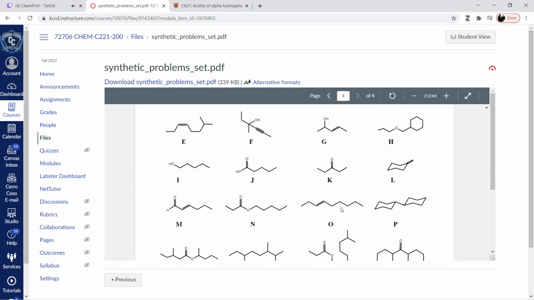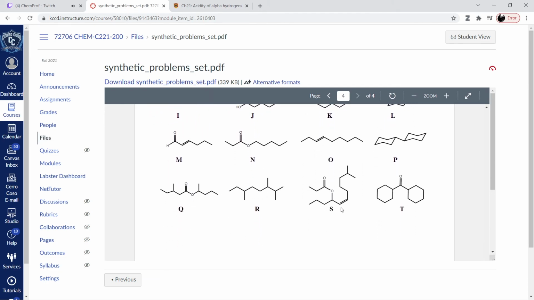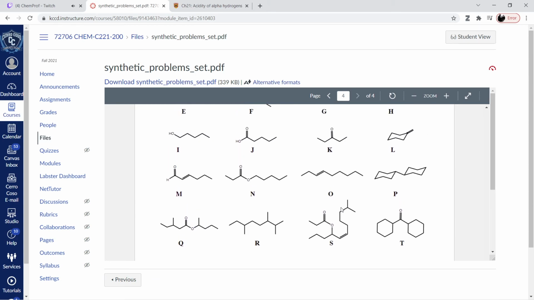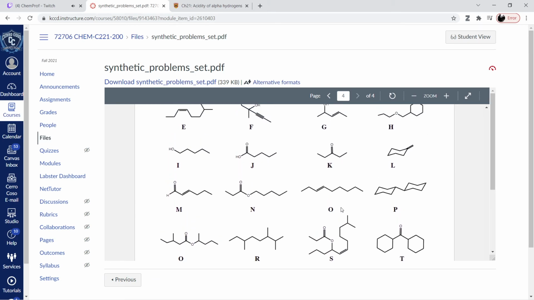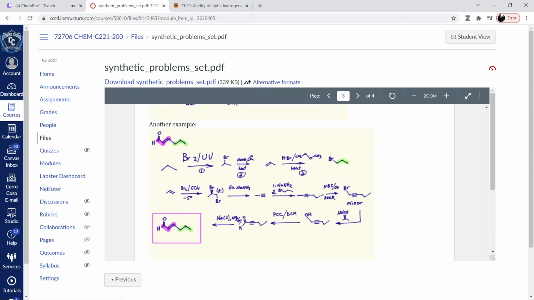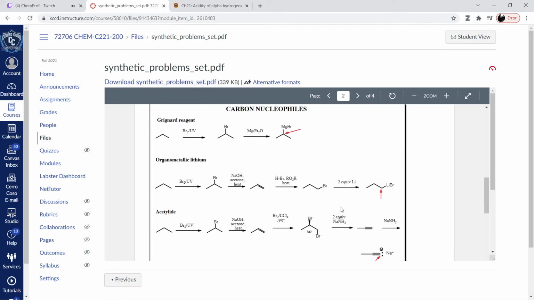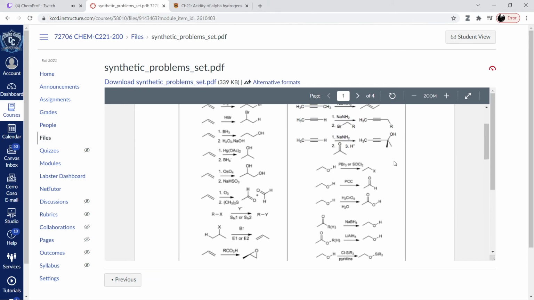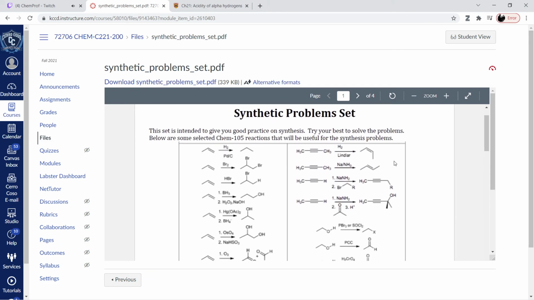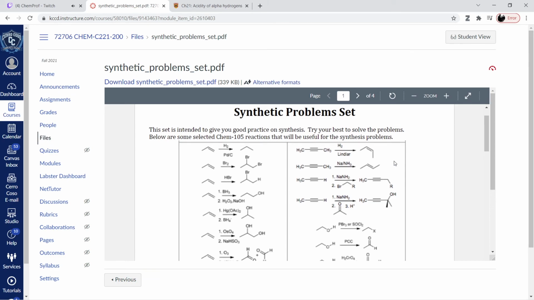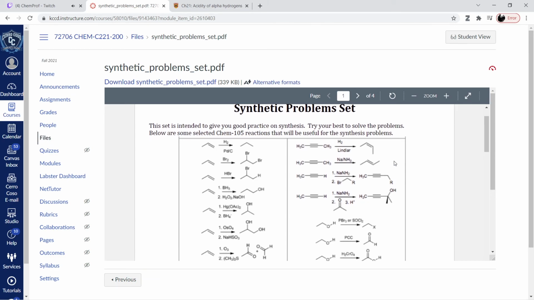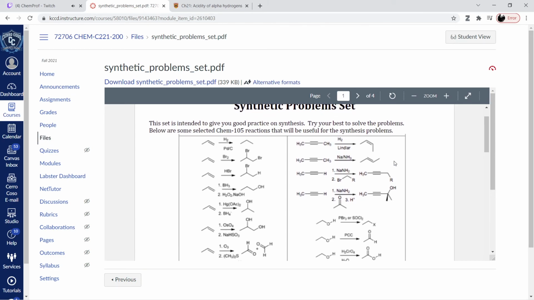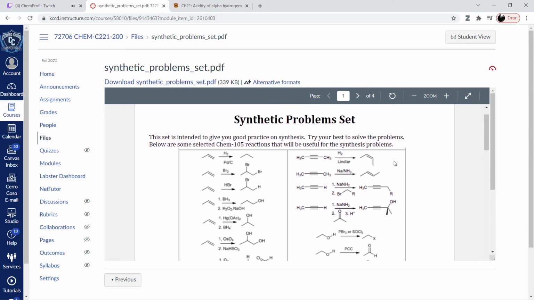Not with 4 carbons, actually, because we haven't learned enough carbon-carbon bond forming yet. Okay, never mind. Well, look what I have for you. Everything in the same place. Yay. So we actually have to learn alkynes before we can do that next part. But we'll take a look at that starting on Wednesday. But these are synthetic problems for you.